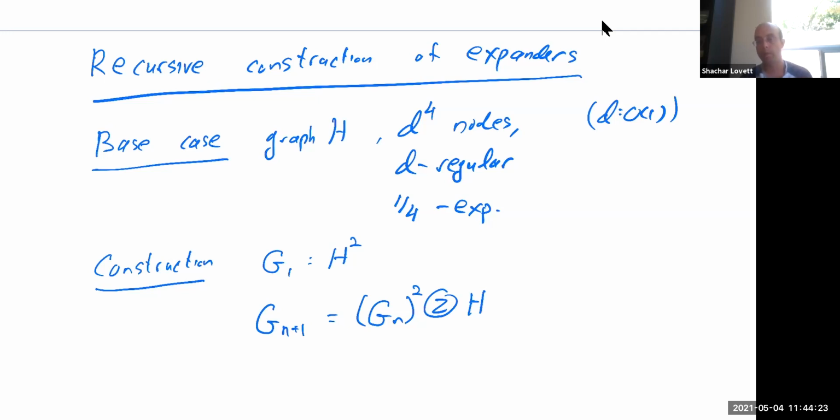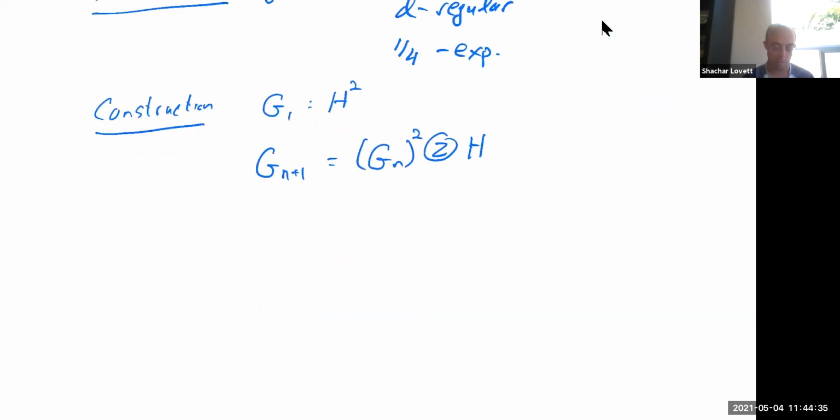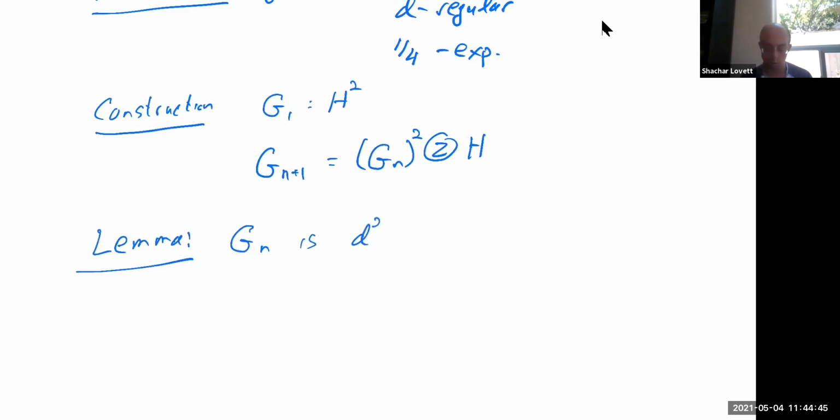But overall, we gain. Let me now show you the calculation for why this works, which will follow basically from the zigzag theorem. Then we're going to spend the rest of the class proving the zigzag theorem. So what's going to be the lemma here? It says that Gn is a d-squared regular half expander with d to the power 4n nodes.